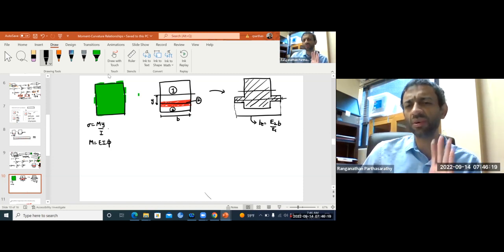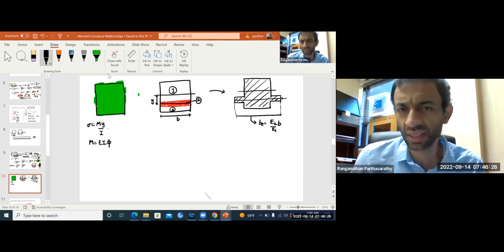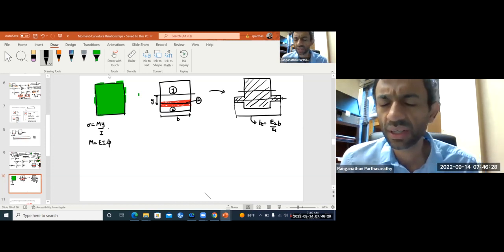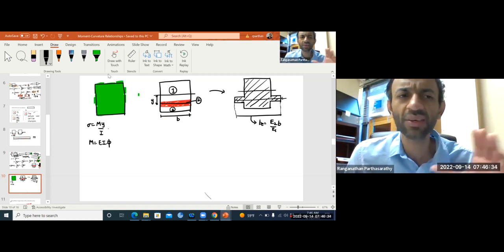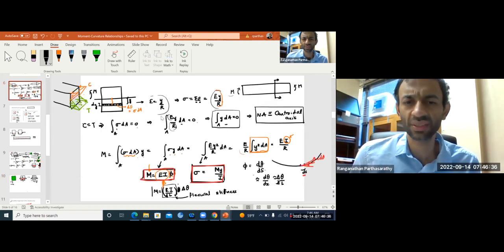That means you're keeping all the mechanics the same. Force equilibrium will not change, moment equilibrium will also not change. Your equations are exactly the same as before, but you can apply your uniform cross-section equations.